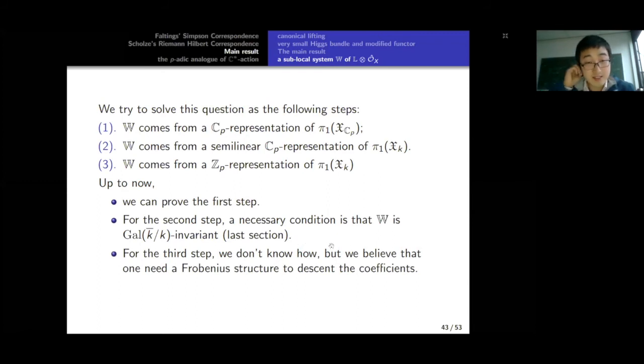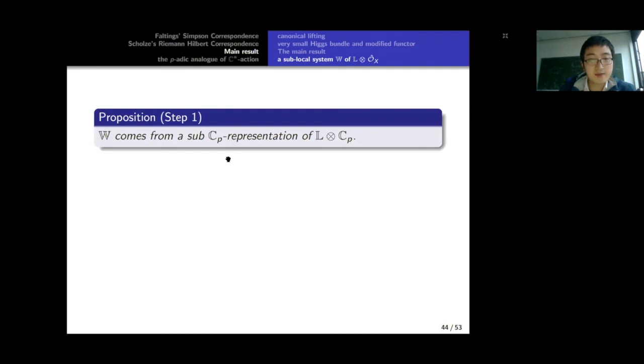And for the third step, up to now we don't know how, but we believe we need some Fontaine-type structure to descend this coefficient from C_p to Z_p. Now, for the first step, the result is this W indeed comes from a sub C_p representation.